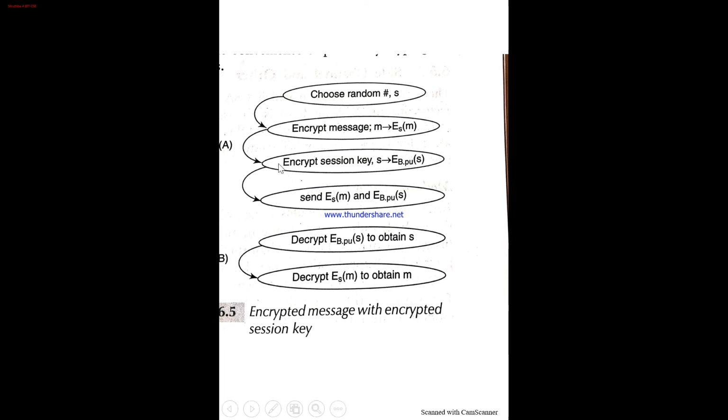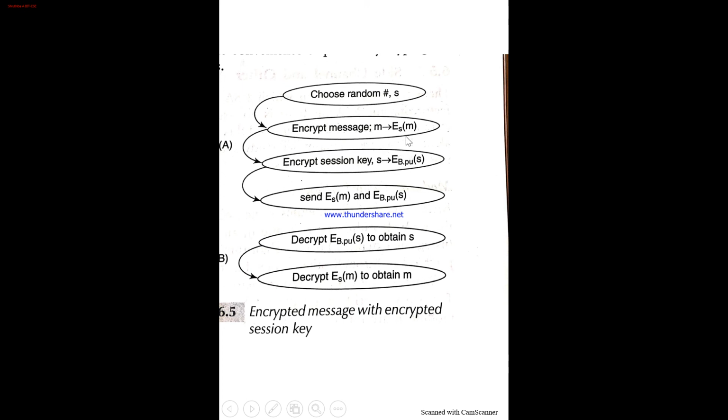We'll be choosing some random number and I'll consider that as the session key. This random number, how did I generate it? I'll communicate that with the receiver B as well. Next I'll encrypt the message using that session key.